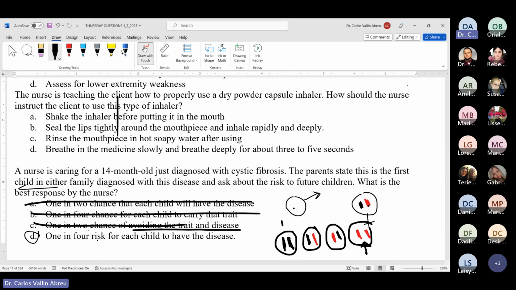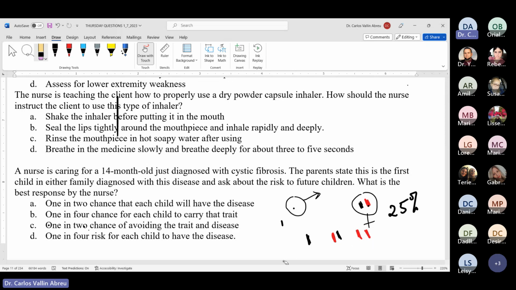So 1 in 4 risk for each child to have the disease is the correct answer. 1 in 4, 1, 2, 3, 4, risk, because it is a chance of having the disease, which is the same as 25%. 1 in 4 is the same as 25%. Okay, so you know this and you correct that.